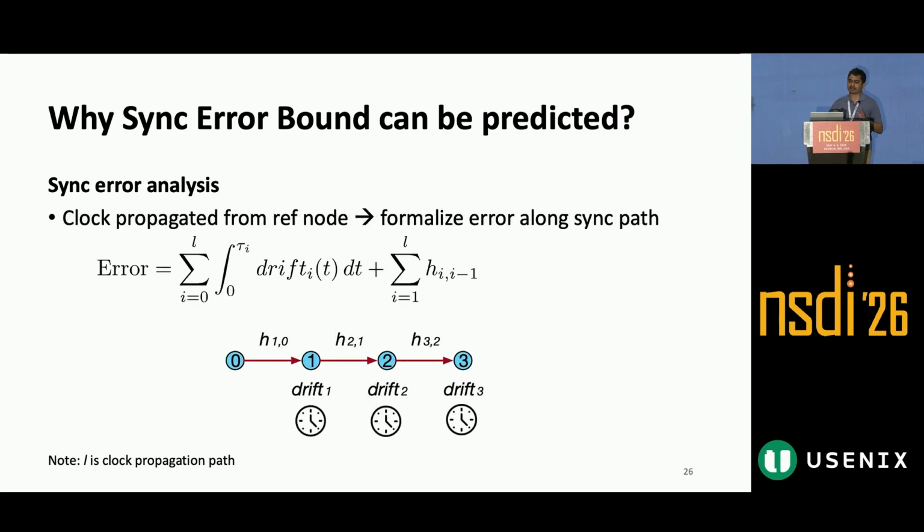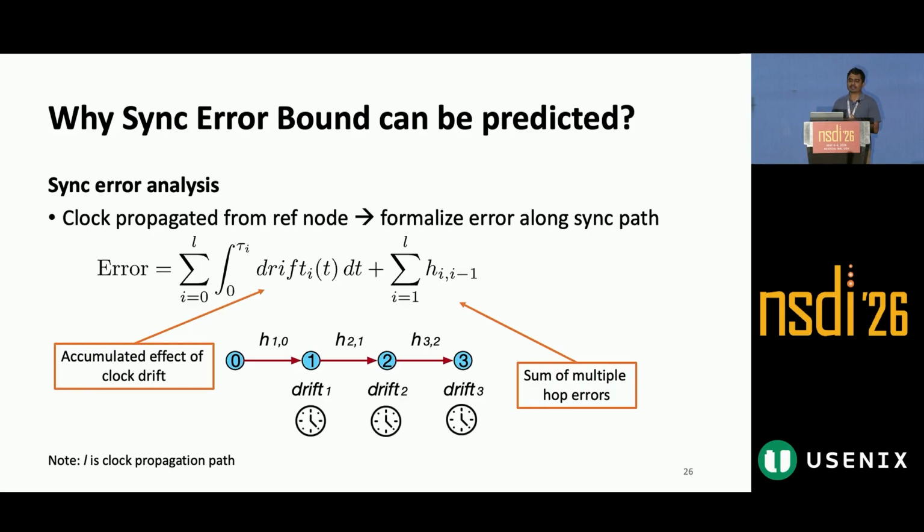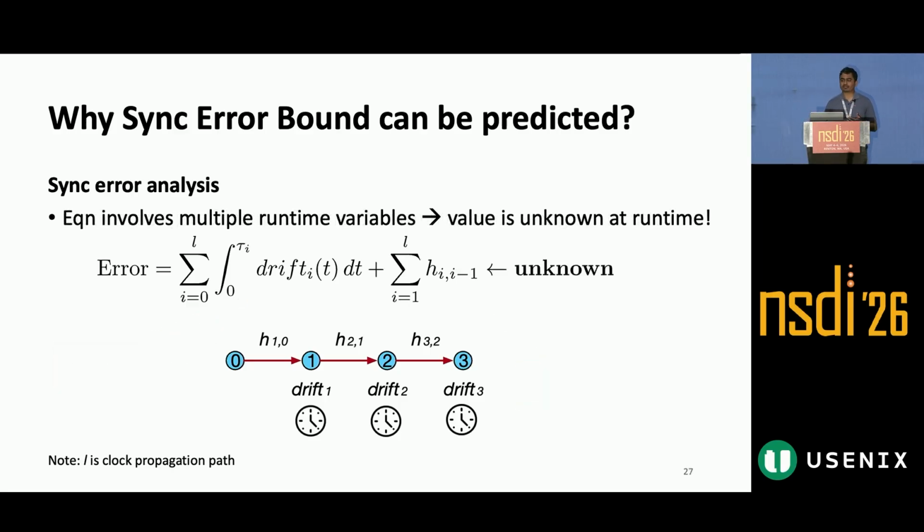Now, since the clock is propagated from a reference node, we can formalize this error along the entire synchronization path with the following equation. The first term here represents the accumulated effect of the clock drift, whereas the second term shows the sum of the multiple hop errors. Now, this equation for error involves multiple runtime variables, and these variables are not known at runtime.